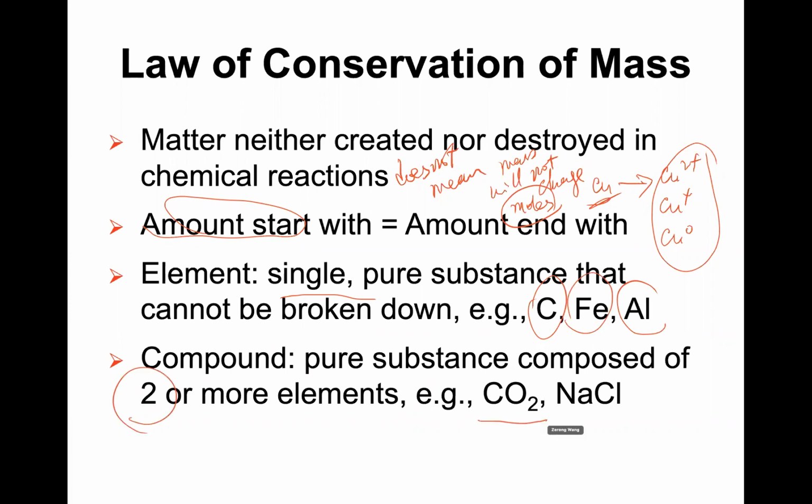For example, carbon dioxide is a molecular compound, and sodium chloride is an ionic compound. You can see that each contains two different elements: carbon and oxygen, sodium and chloride. Let's look at sodium perchlorate. In this case, we have three elements: sodium, chlorine, and oxygen, right?